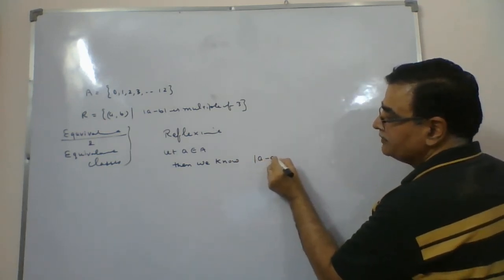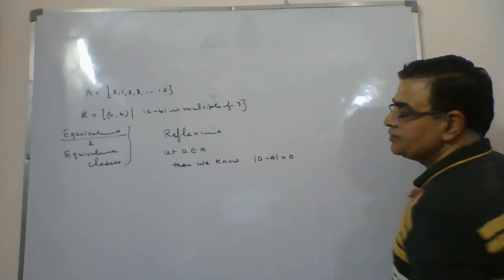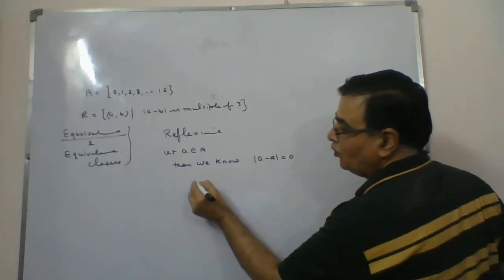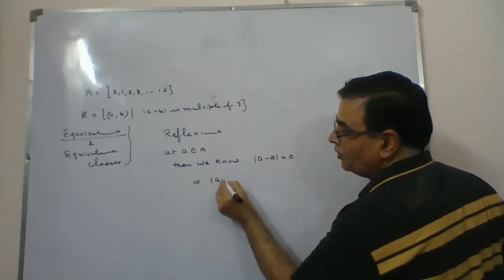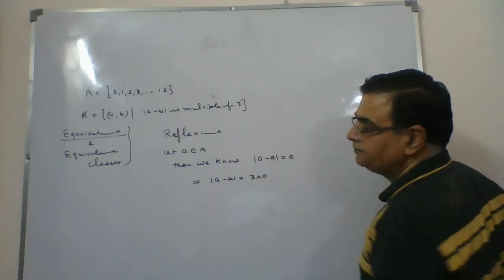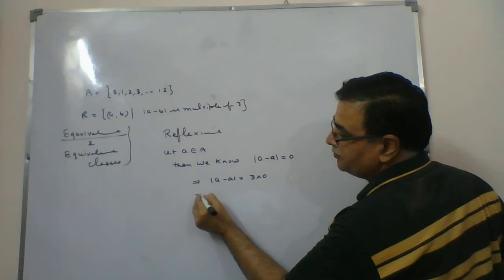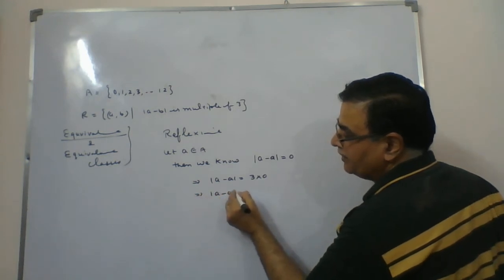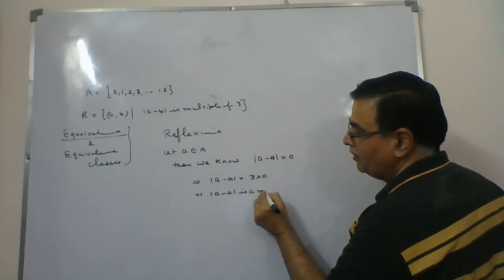modulus of A minus A clearly comes out to be 0. What does it mean? This implies modulus of A minus A will be 3 times 0. And what does it mean? Modulus of A minus A is a multiple of 3.